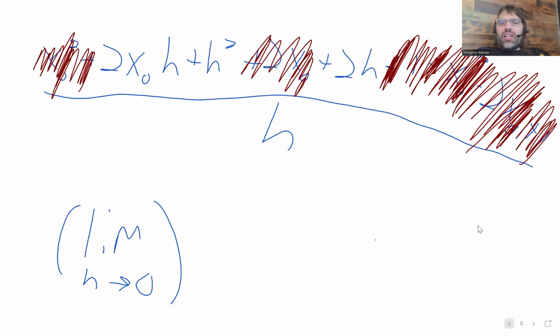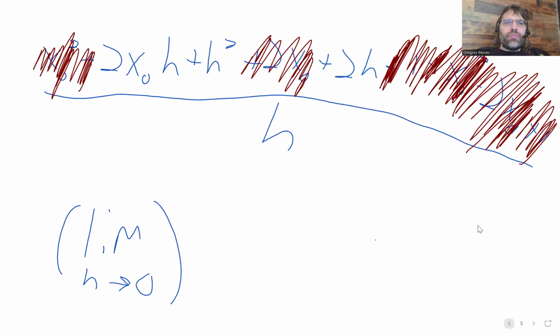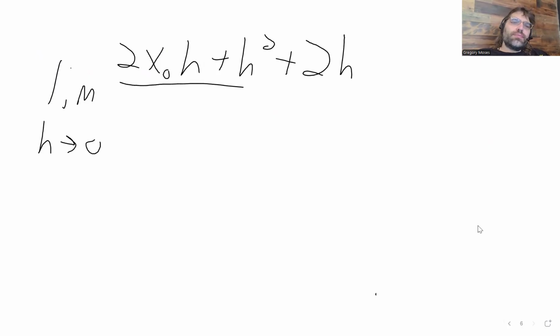Notice that everything left in the numerator has an h in it: 2 x sub 0 h, h squared, 2h.